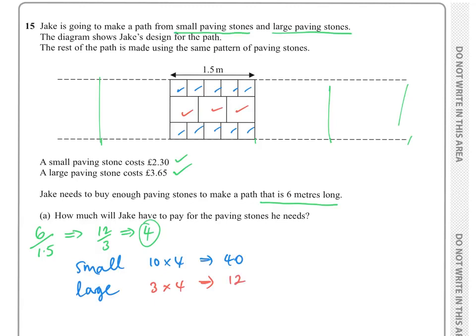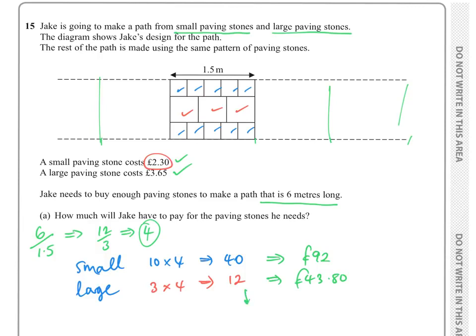Now we can use our calculator, and the small ones are £2.30, so we're going to have 40 times 2.3, and that's going to give us £92, and then we're going to do 12 lots of 3.65, and that's going to give us £43.80.